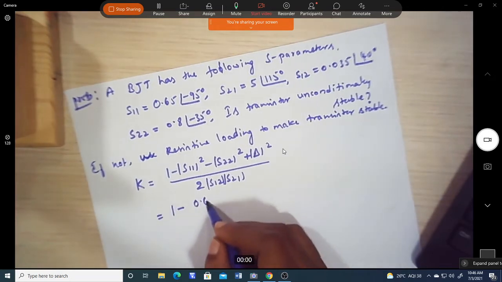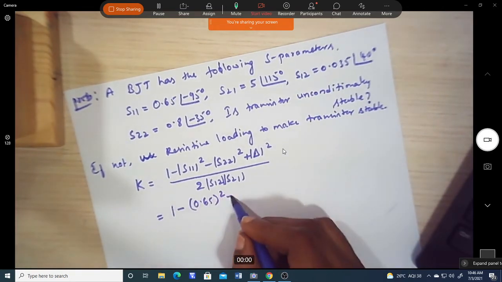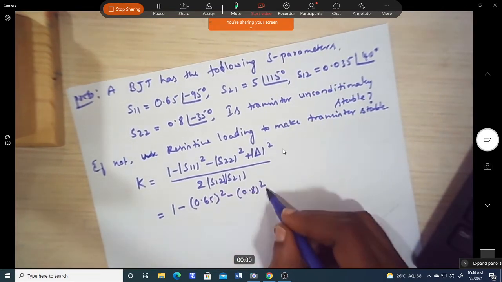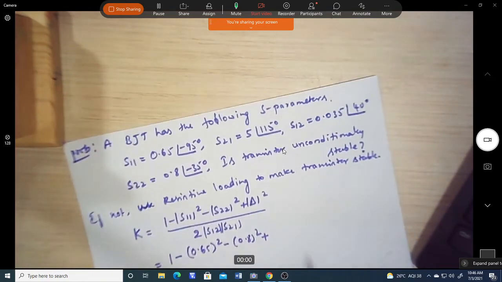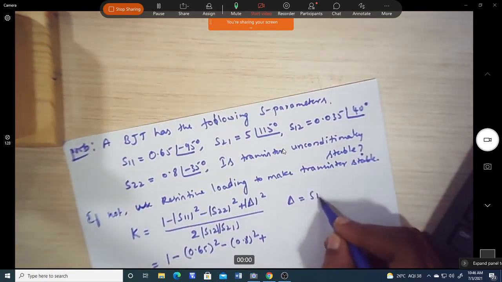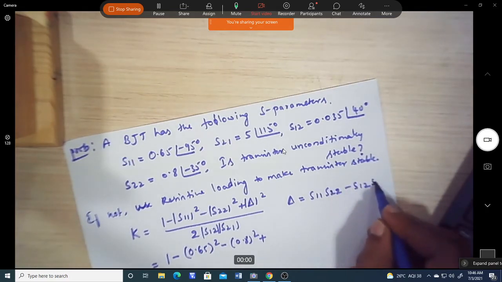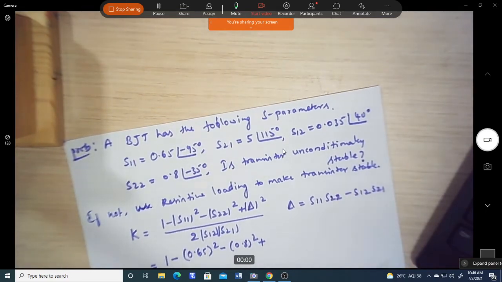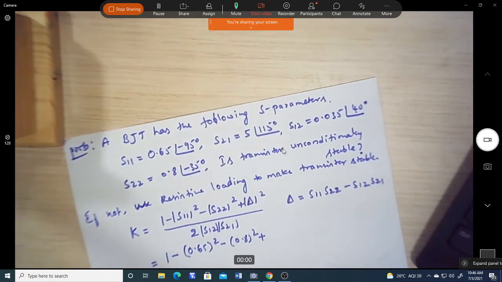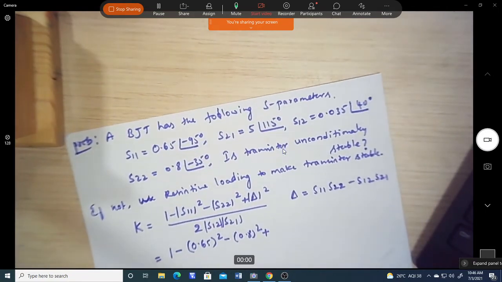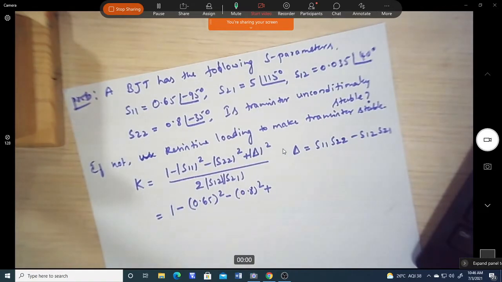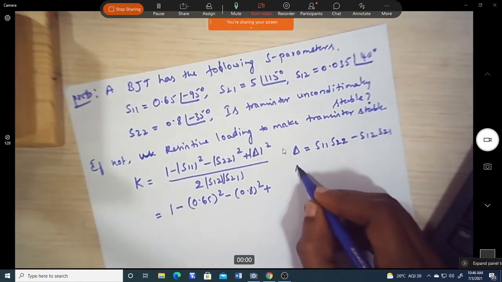So 0.65 square minus 0.8 square plus, now we need to find out the delta. Delta is S11 S22 minus S12 S21. So find out the value of delta.